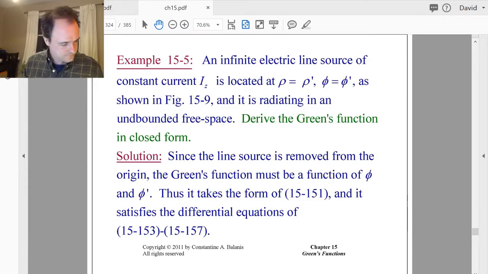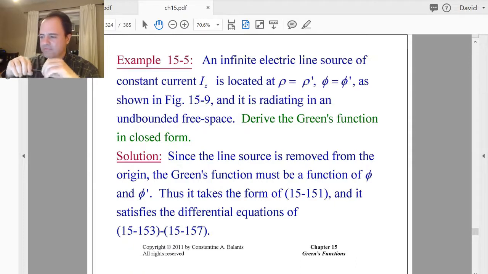All right. Let's see, now we have an example. Okay, so now that we know the Green's function, we can do this example. An infinite electric line source of constant current I_z is located at rho equal to rho prime, phi equal to phi prime, as shown in 15-9. And it is radiating in an unbounded free space.